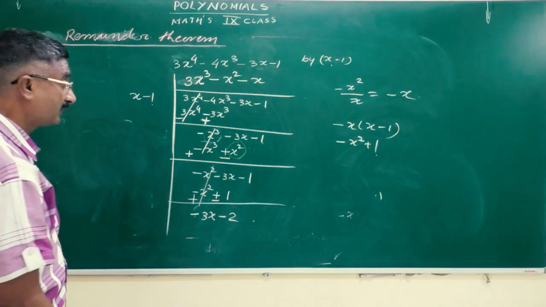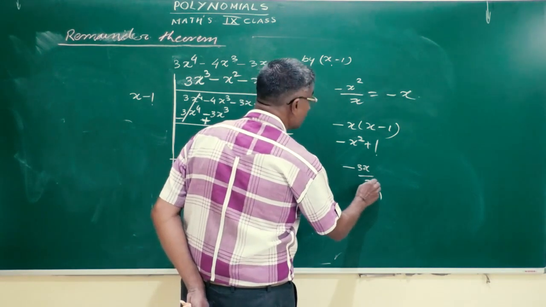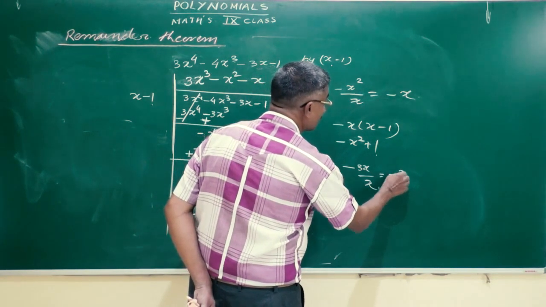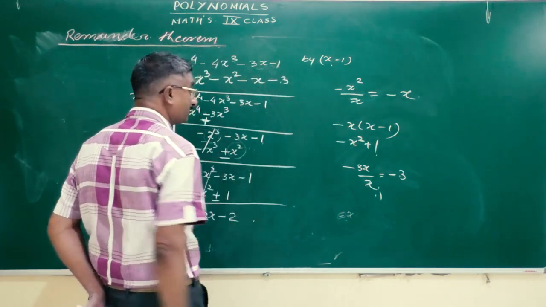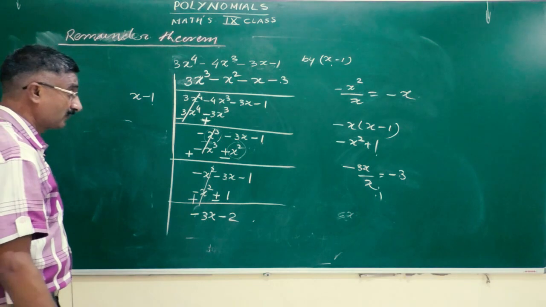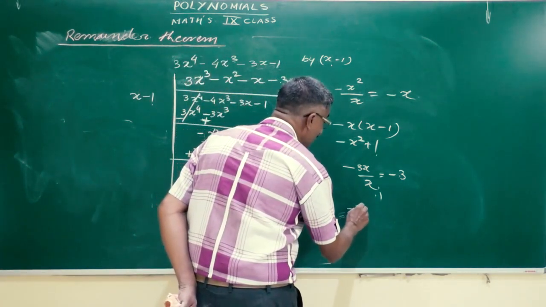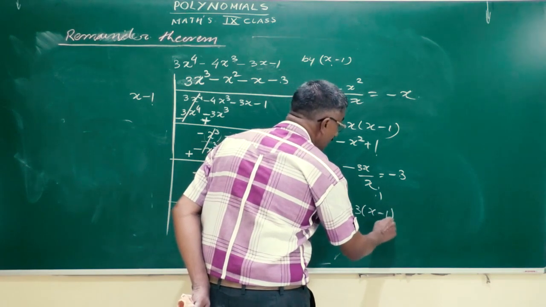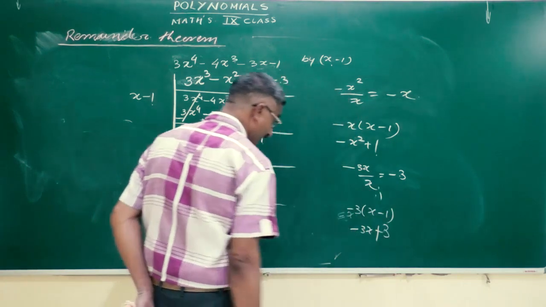Minus 3x minus 2. Again minus 3x divided by x is equal to minus 3. So here I will write minus 3. Multiplying minus 3 to the equation. So minus 3 into x minus 1. So minus 3x, minus minus plus 3.